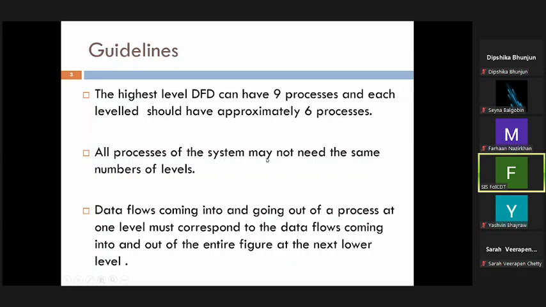All processors of a system may not need the same number of levels. Like we've seen last time, generating payslip and check. Maybe that process is straightforward, and there's no need to describe it further, compared to another process, for example the timesheet validation. We've seen that maybe you have to collect it and verify it. There are certain things more to be done in order to get the data from this timesheet in order to validate it.